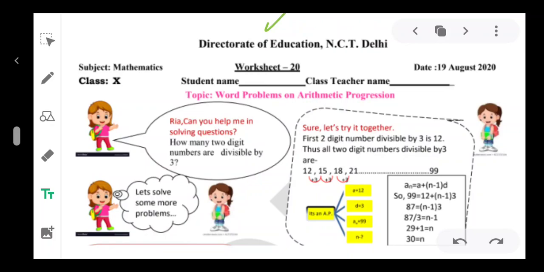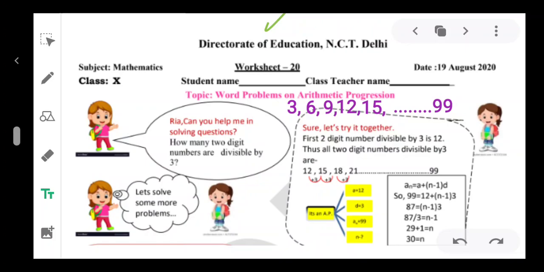Divisible by 3 means the table of 3. The numbers are, for example, 3 ones are 3, 6, 9, 12, and so on. We can write numbers 3, 6, 9, 12, 15, and so on up to 99, because the greatest two-digit number is 99.